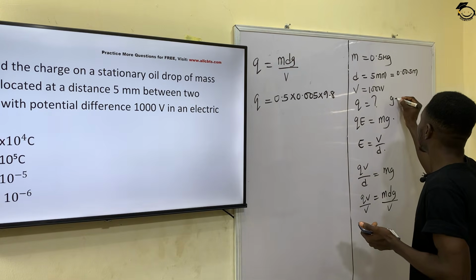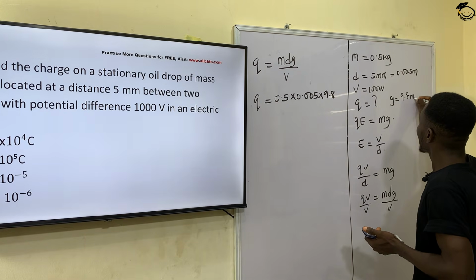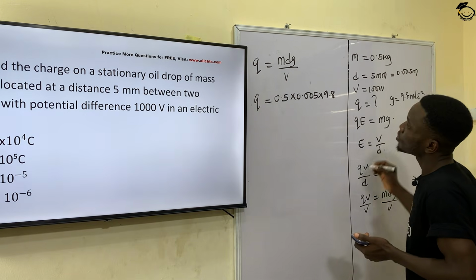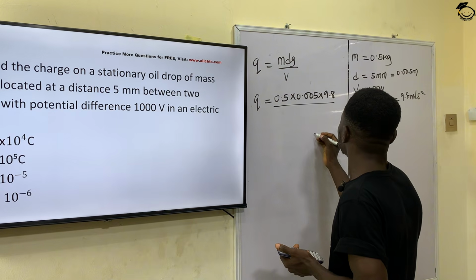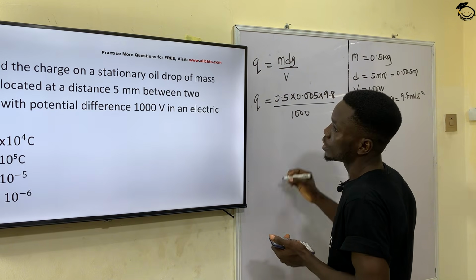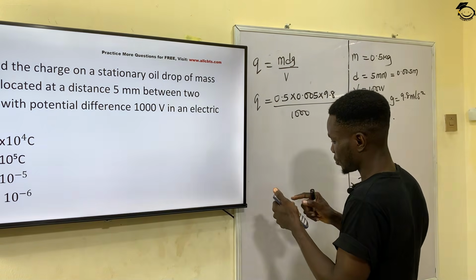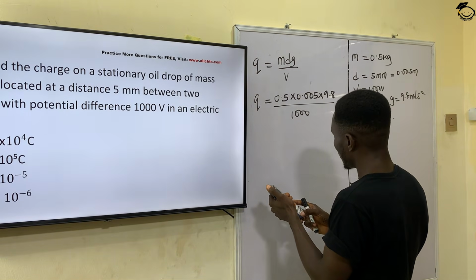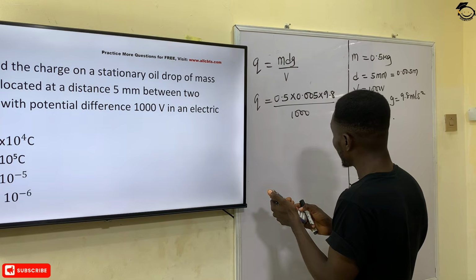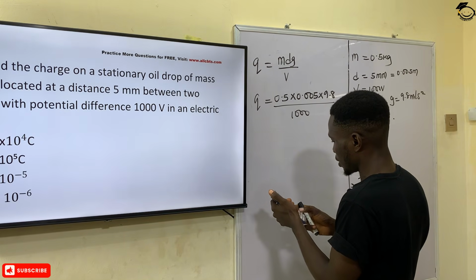We know that g is 9.8 meters per second squared. So this is divided by the voltage that was given in the question, 1000. So this means that I have 0.5 times 0.005 times 9.8.